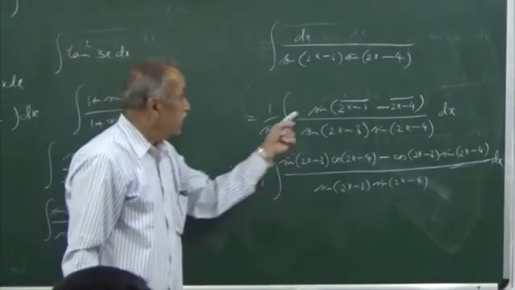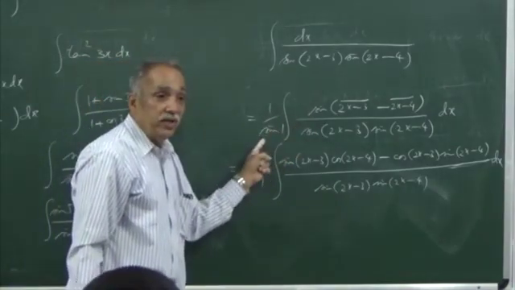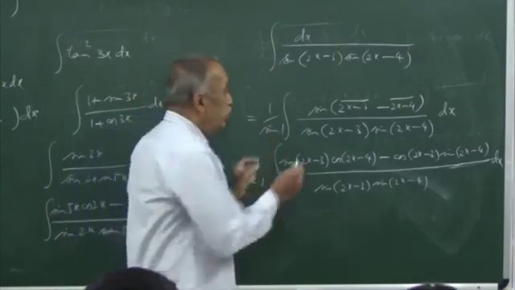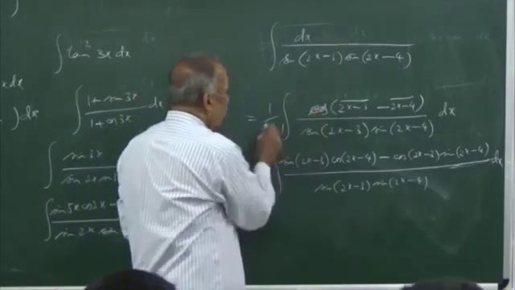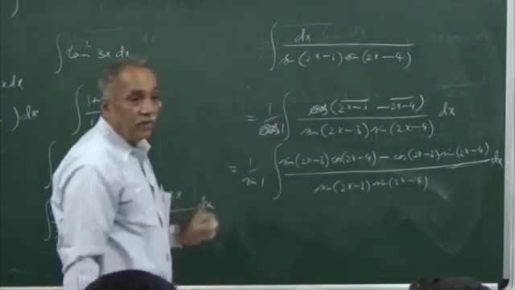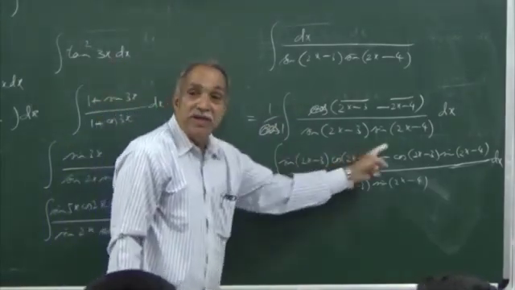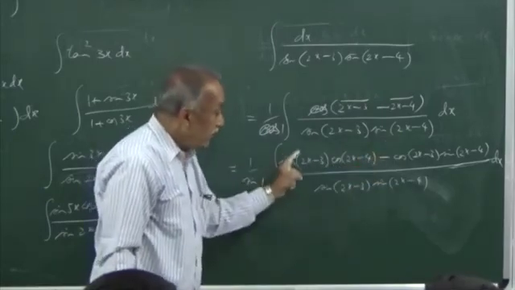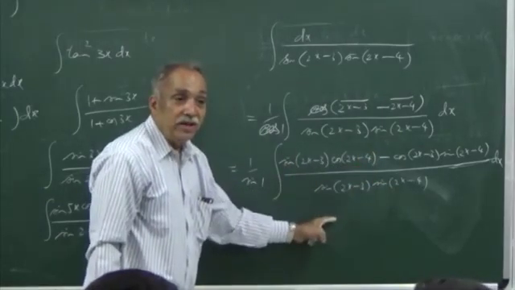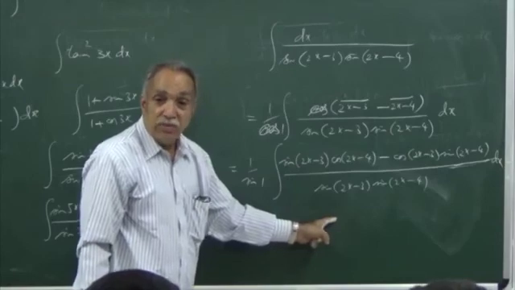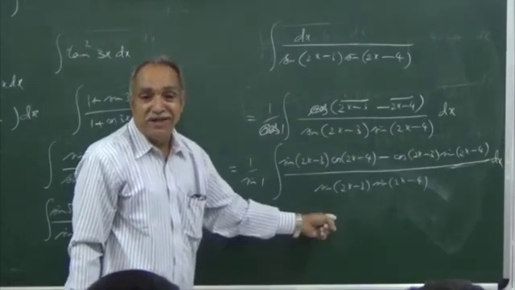Had you used, instead of this sin function, suppose you used cos function, what will happen? Expansion will become cos a cos b minus sin a sin b. The first quotient will be of the form cot a cot b, not immediately integrable.